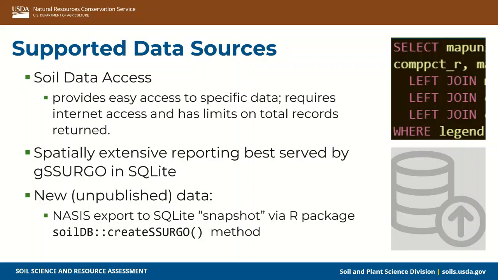And so you can't really return much more than 100,000 records in most cases, but that doesn't mean you can't sort of break things up into chunks and work around it. But with those things in mind, you can use the various representations of gSSURGO. And so I've found that some of the spatially extensive reporting that I've been requested to do for the Southwest region and some of these other areas where folks have requested our data is well served by the gSSURGO products.